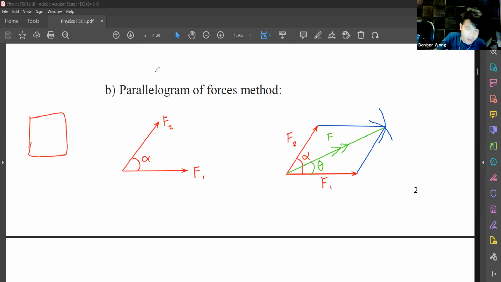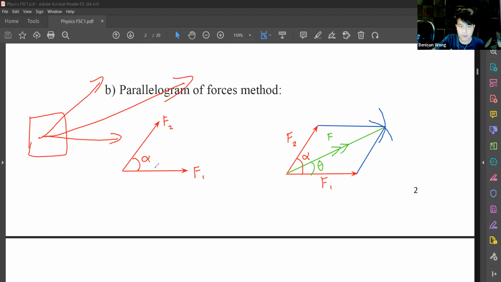You want to pull your car, so you pull the car here with a force in this direction, and then your friend comes and helps you. Your friend pulls in this direction. The car will move in this direction. Understand this part? You pull in this direction, your friend pulls in this direction, and the car will move in this direction.